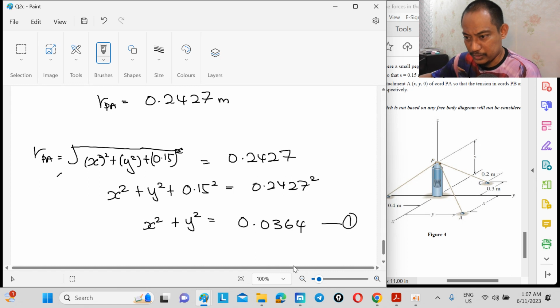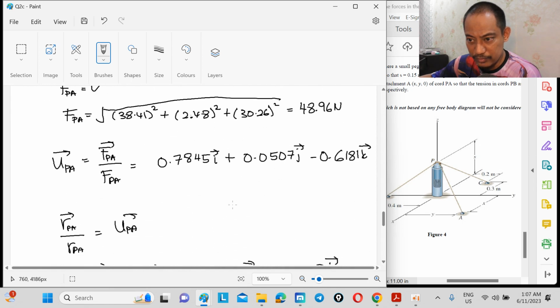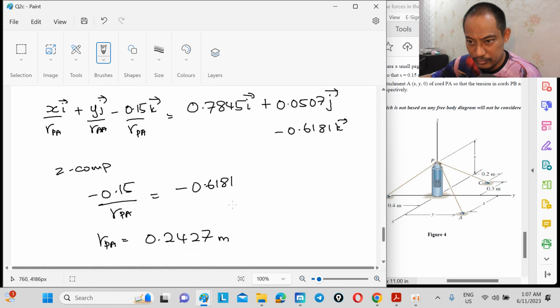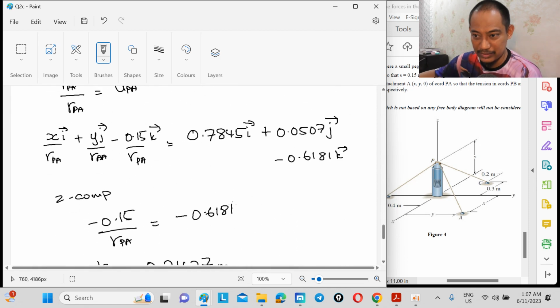So what else do we have? Because we have to do simultaneous equations. So in this case, RPA, can we do anything about this? Wait, why do I do all of this? Because we already have RPA, we can straight away solve here.